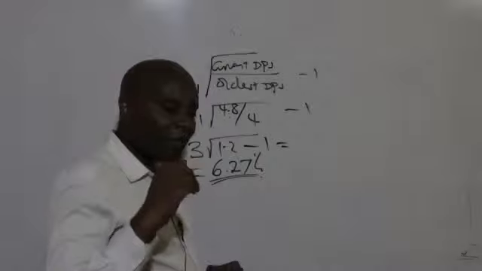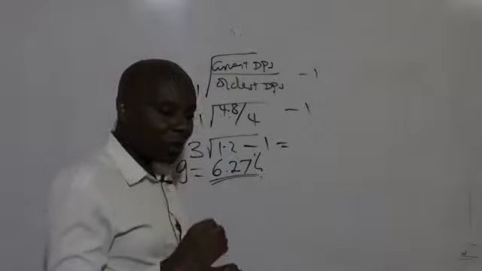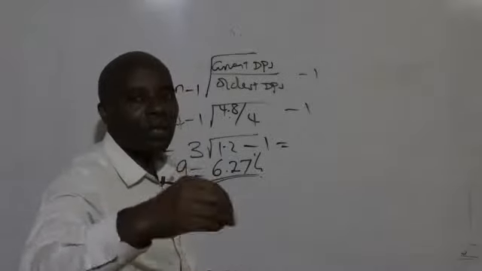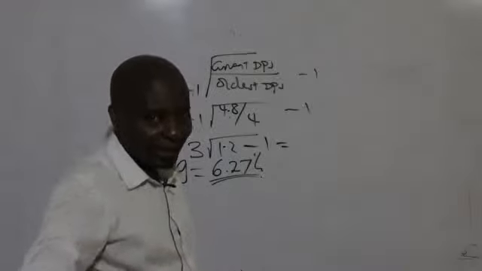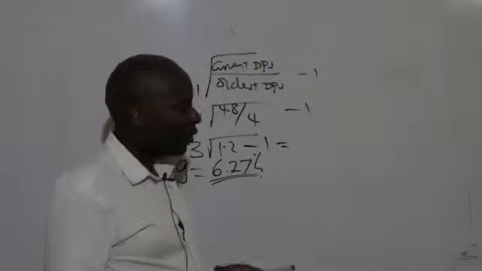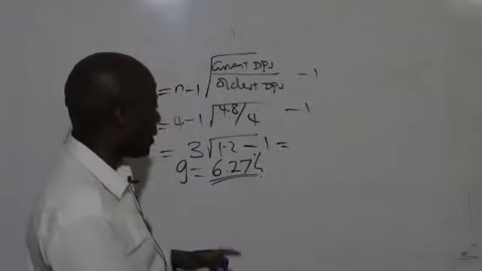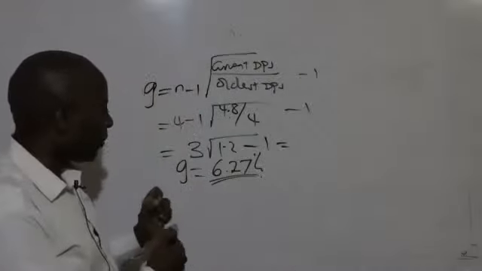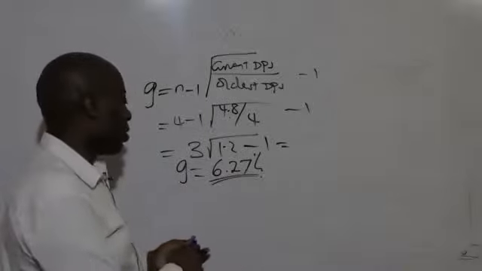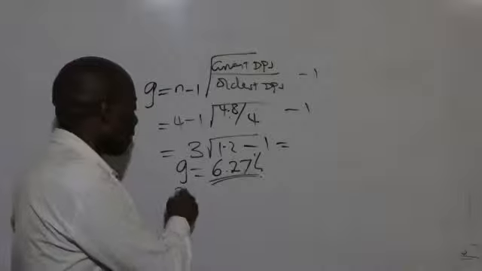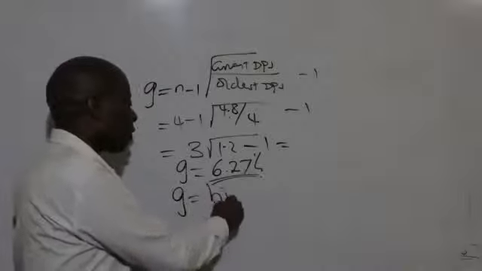But you see, after getting that particular growth rate, ladies and gentlemen, that is not yet enough. You have not arrived at Canaan. Why? Because the examiner is talking about a connection between your growth rate and return on investment. And the only connection that we know between the two is the one that tells us that G equals BR.